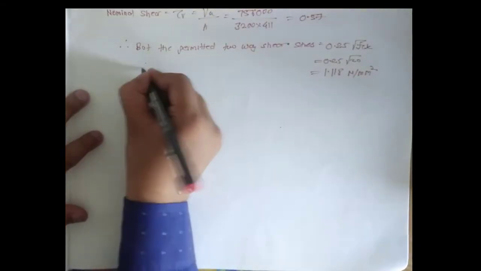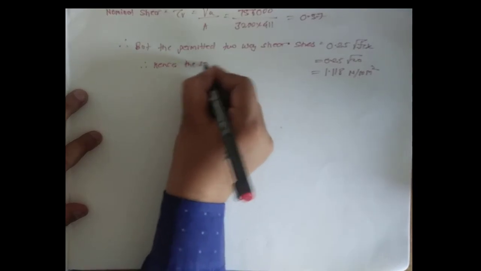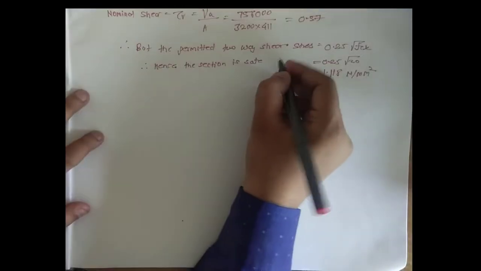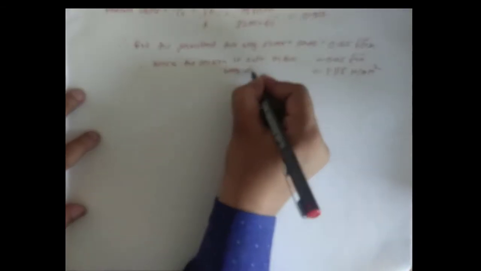So it is coming out to be 1.118 Newton per mm square. So hence the section is safe in two-way shear.